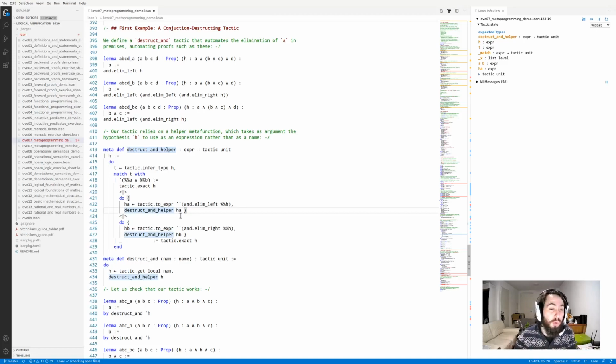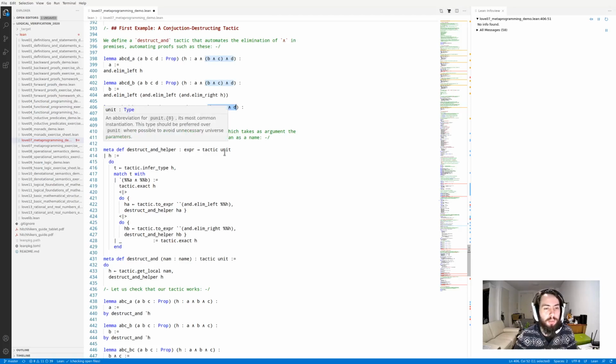And of course A might again be a conjunction. This is why we do the recursion. So for example here, when we destruct this conjunction, we get a left-hand side of A, but then a right-hand side of B and C and D, which is again a conjunction, and so then we recurse into that.